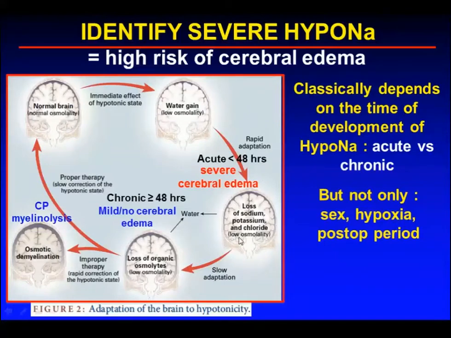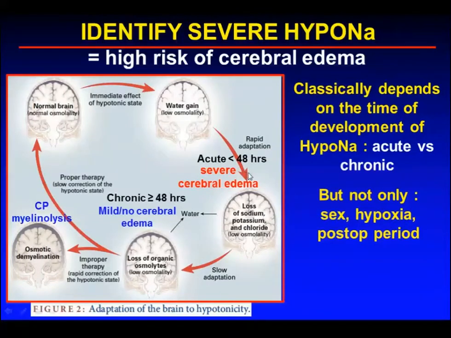And this is a very classical schema showing that if you have a decrease in osmotic solutes, a real hypotonic state, of course, you will have an increase in brain water content. This is the cerebral edema. This comes in acute situations, and you will have, after several hours, adaptation, but the efficiency of the adaptation depends on the duration of the trouble.